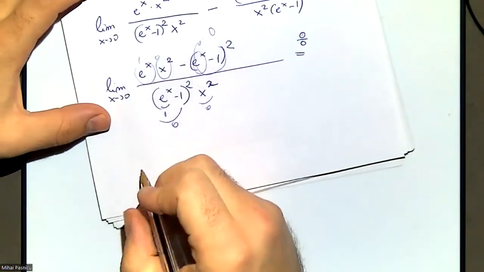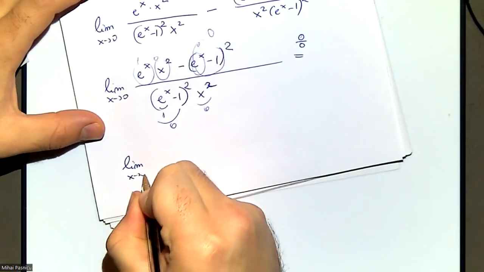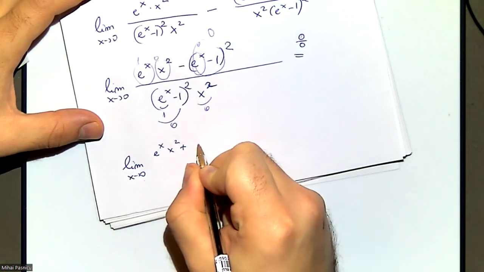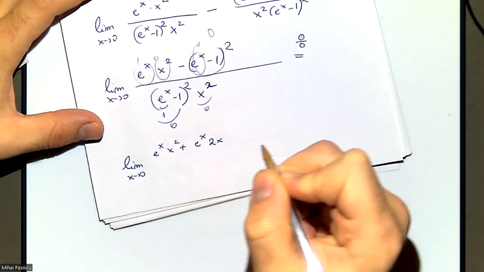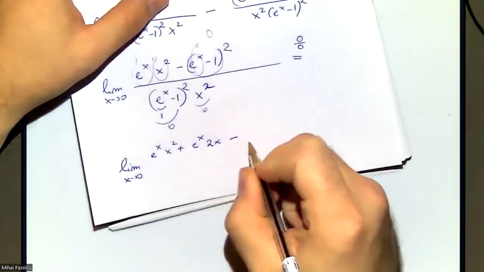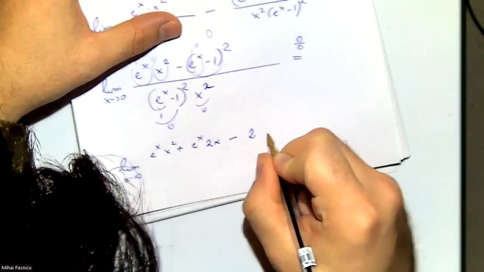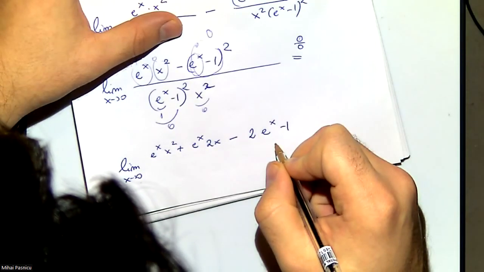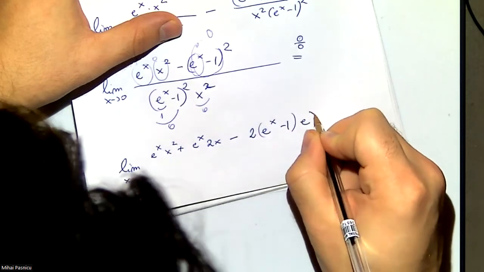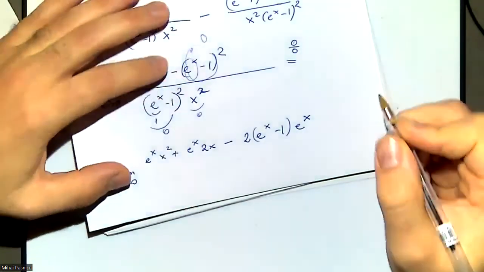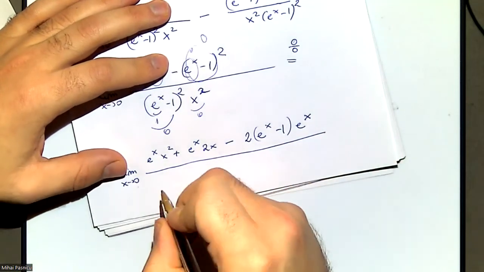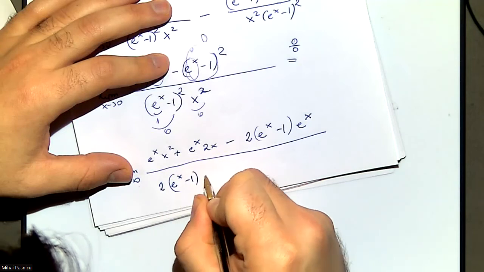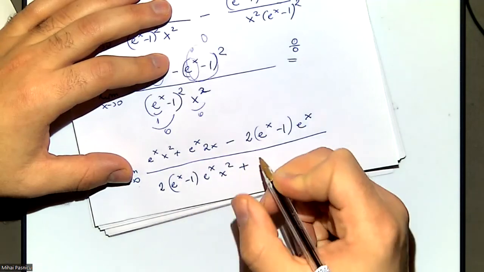So I apply L'Hopital to it, and I get the limit as x goes to 0 of the derivative of the numerator and denominator, involving e^x, x squared, 2(e^x minus 1) times e^x, and (e^x minus 1) squared times 2x. Okay, that is fine, I guess.